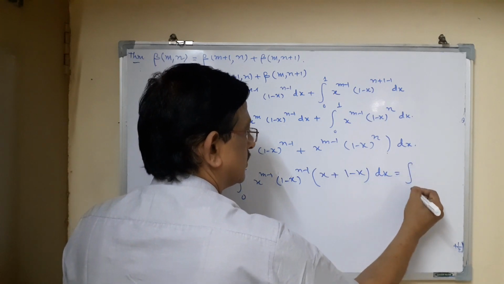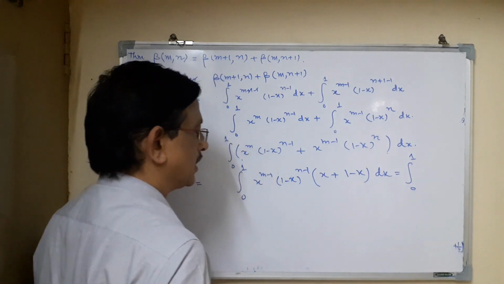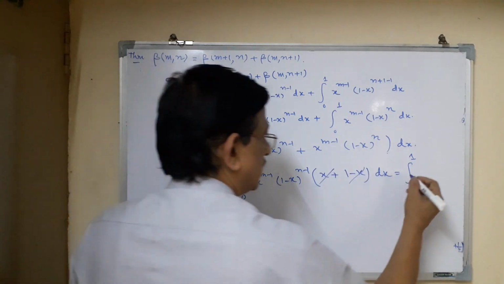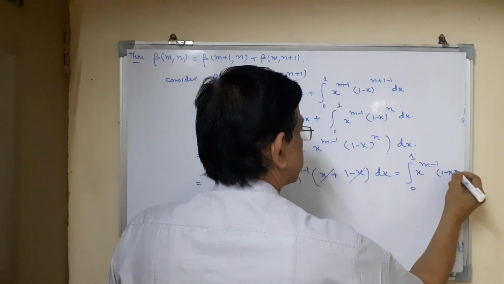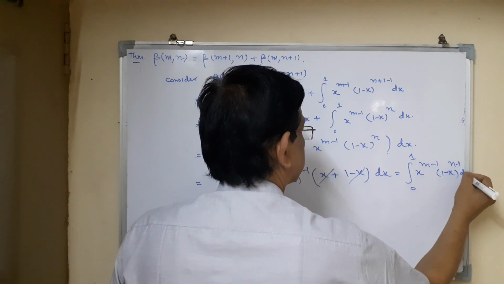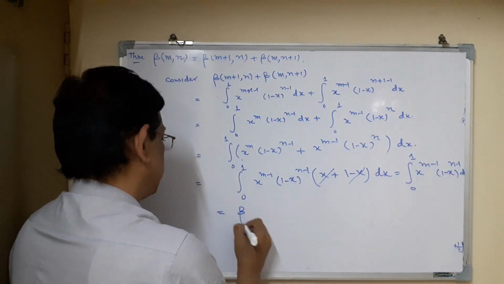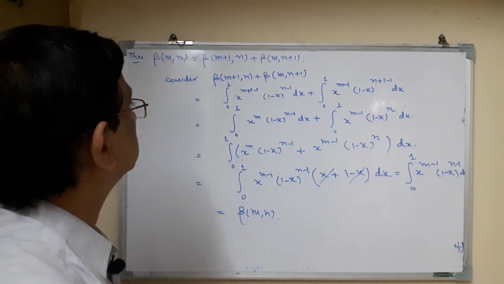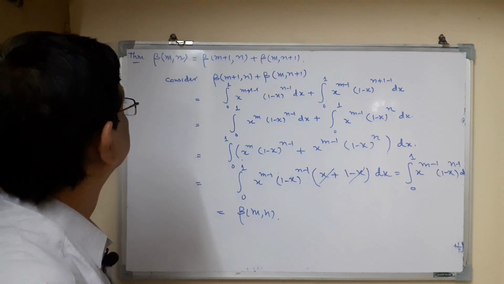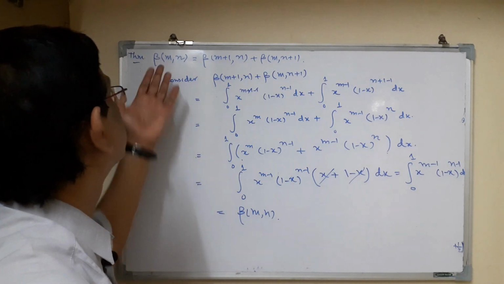So this is equal to integral 0 to 1 x power m minus 1 into 1 minus x whole power n minus 1 dx, which is nothing but beta mn. So this is one of the properties.